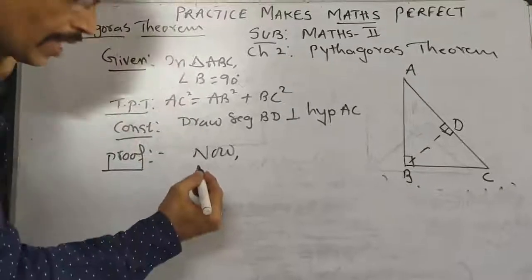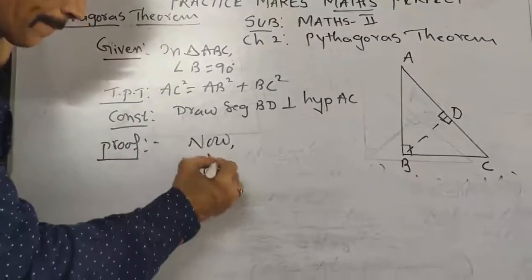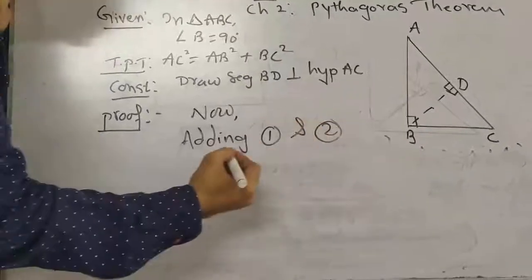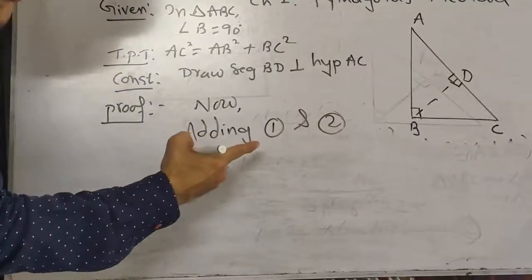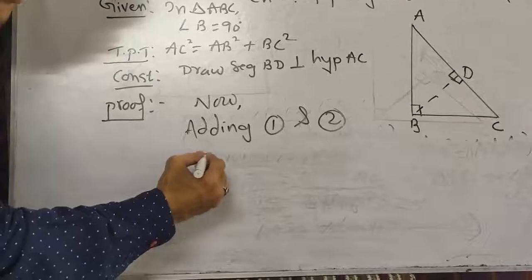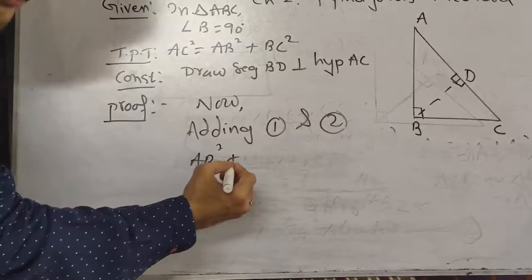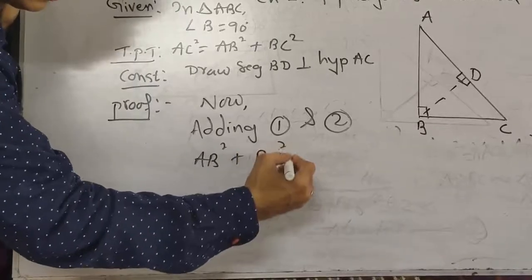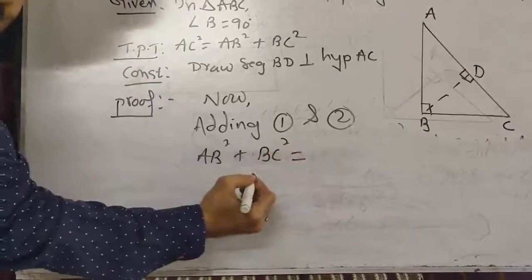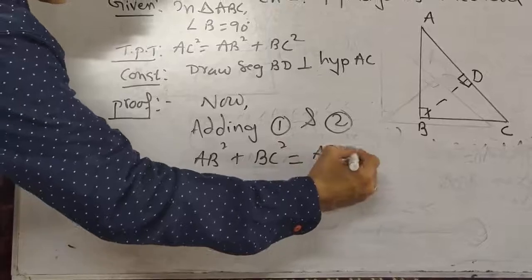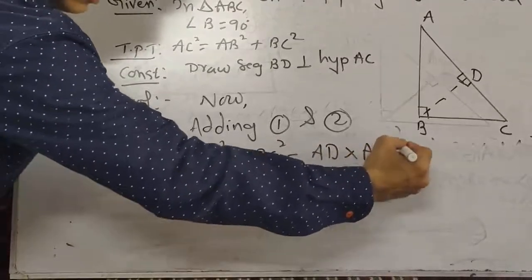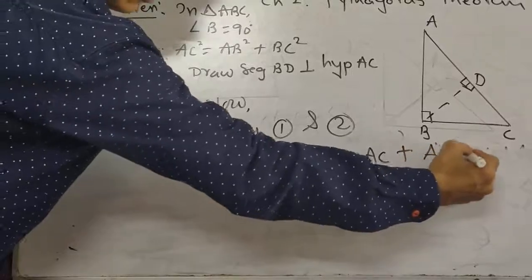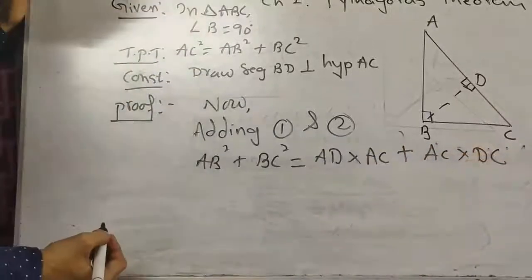So adding 1 and 2. In the first you showed AB square, in the second you showed BC square. AB square plus BC square is equal to AD into AC plus AC into DC.